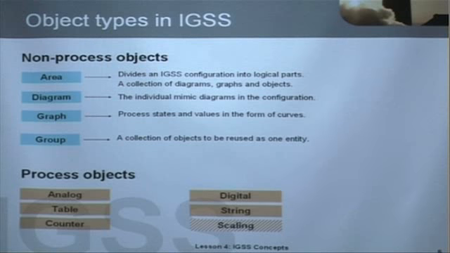Counter objects, typically used to count the minutes and seconds and hours in the process. And finally, the scaling object, which is used to scale incoming values from the PLC to another unit that is meaningful for the operator in the supervise module.